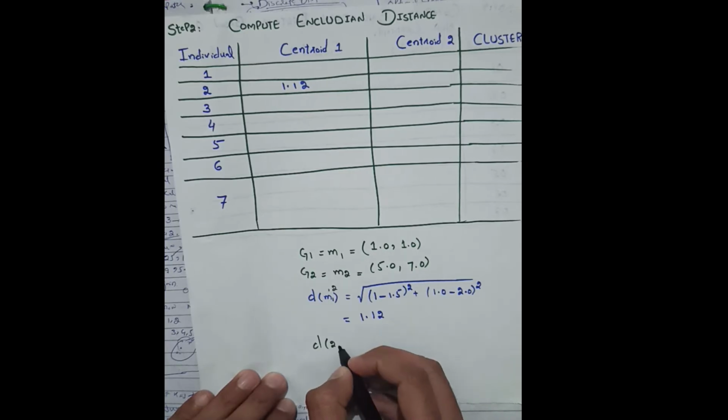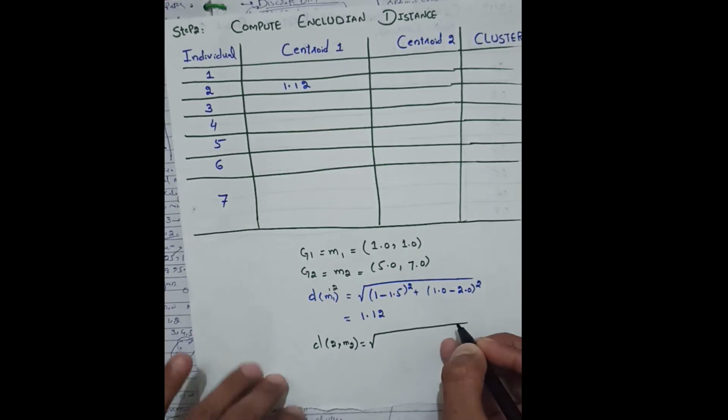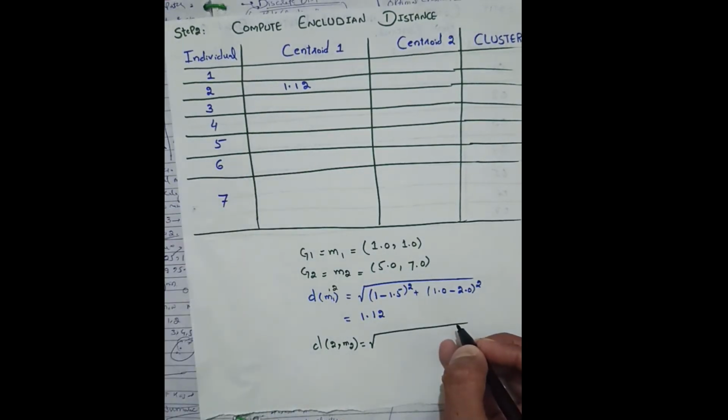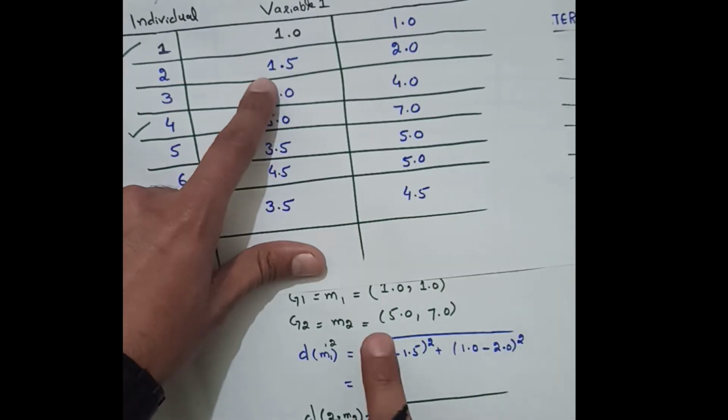For individual 2 with respect to centroid 2, we use a similar formula. What is the data point of individual 2? That is 1.5.